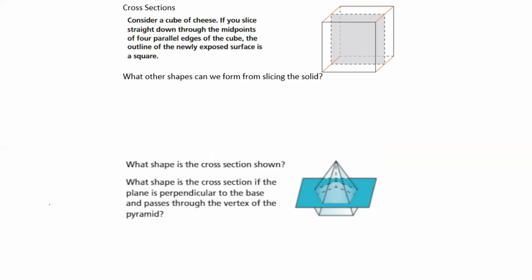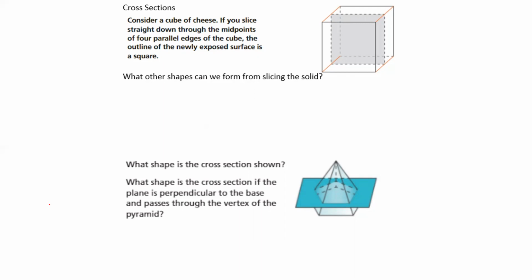We need to talk next about cross sections. So anytime we have a three-dimensional figure, we can think about if we were to cut it or slice it with a two-dimensional plane, what shape would we end up with? So we're going to have other 2D shapes here. On here, we have a cube being sliced vertically down the middle. When you slice it vertically down the middle, you get a square. Now, there are other ways that you could slice this to get different shapes.